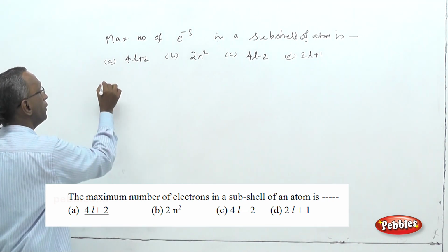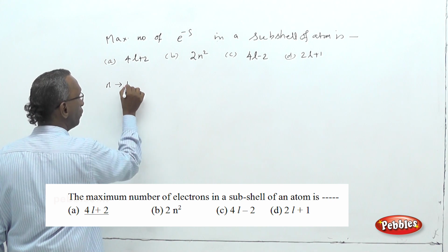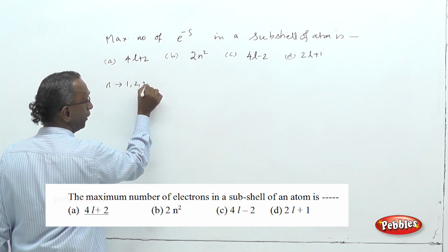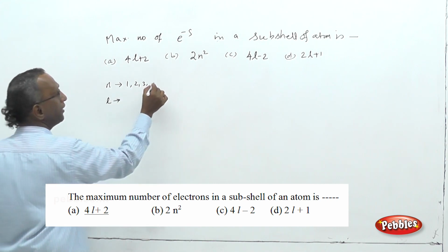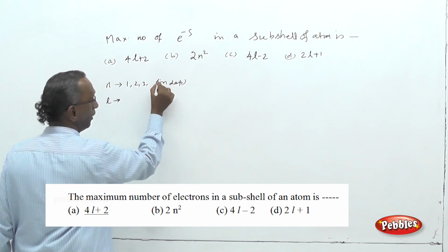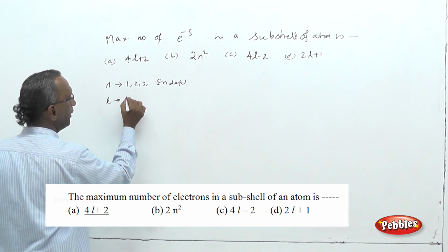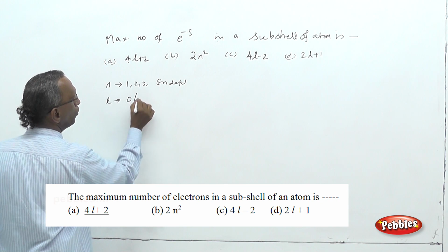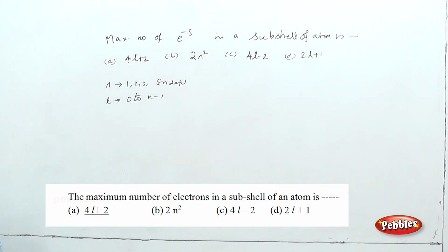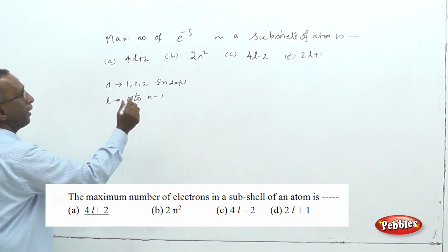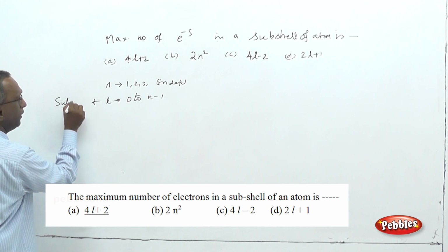Here n is the principal quantum number we have seen. So n can take natural number values 1, 2, 3 and so on. n is the independent variable. Then l is the azimuthal quantum number. l takes the values 0 to n minus 1, and l represents the subshell.